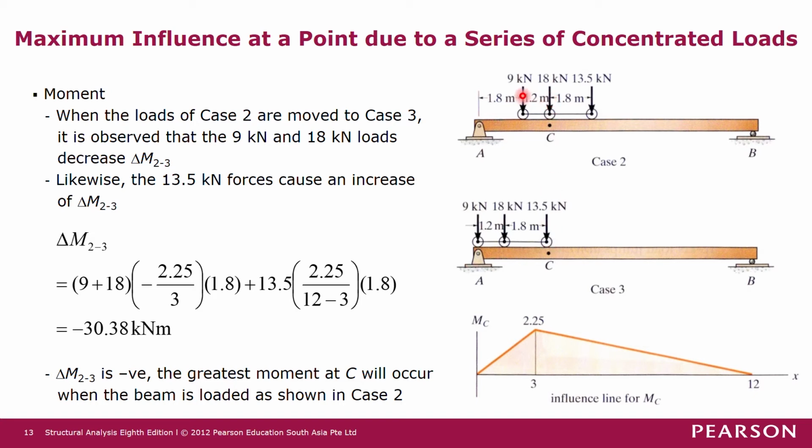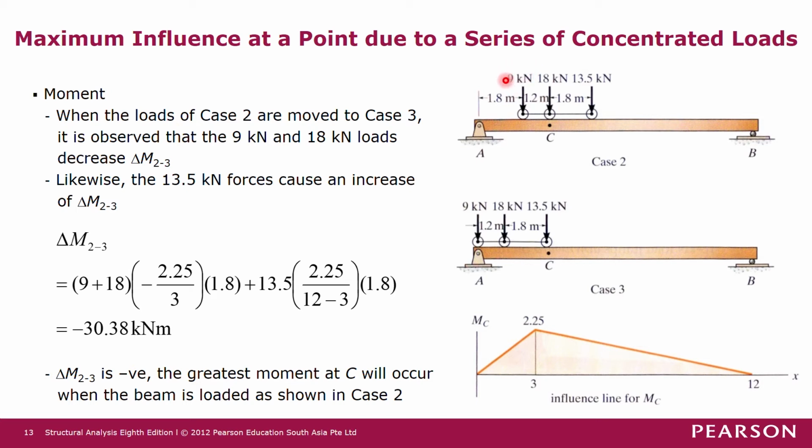So meaning that all these forces will have to move to the left, okay, by 1.8 meters. Okay. So in this case, we look at the effect of each of the forces.